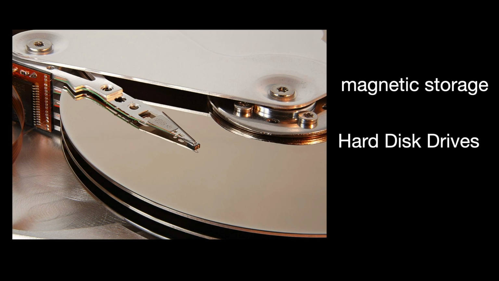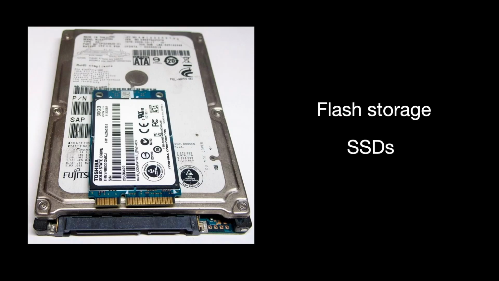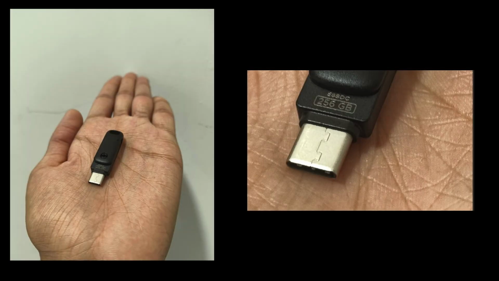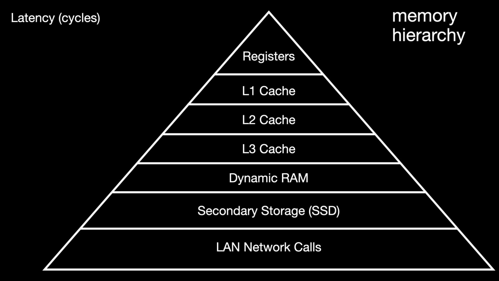We've got magnetic storage with our hard disk drives, and we also have flash storage. And there are also many ways we can store more data in a more compact fashion. Just take a look at this USB drive. This small thing is about the size of a finger segment. This holds 256 gigabytes.